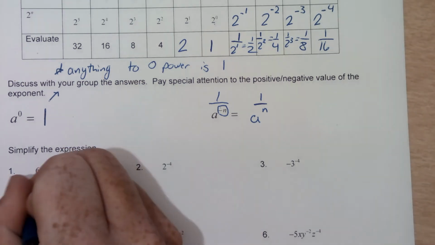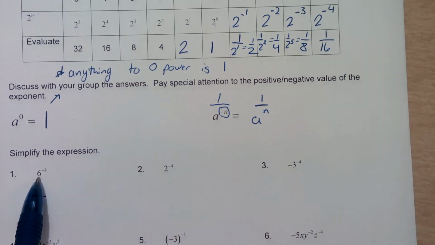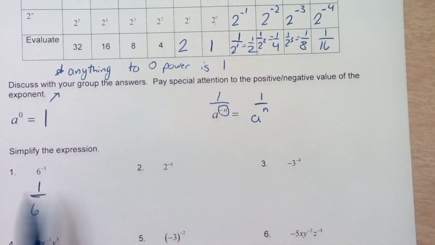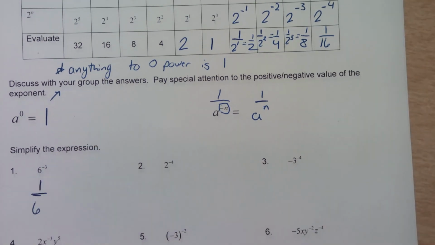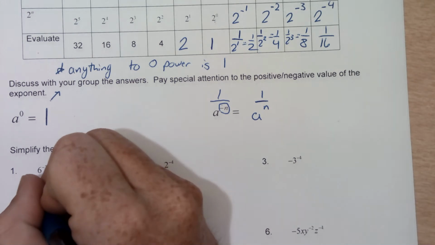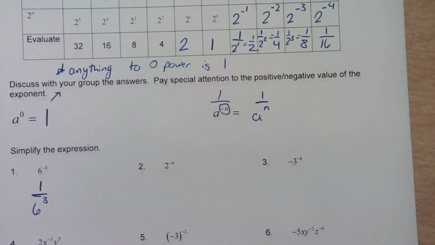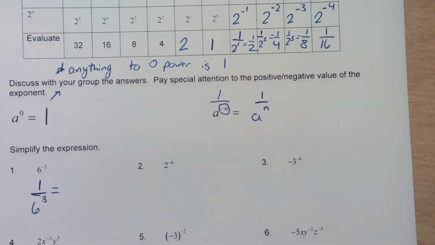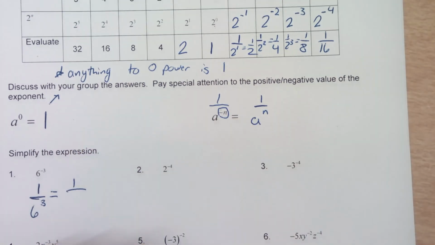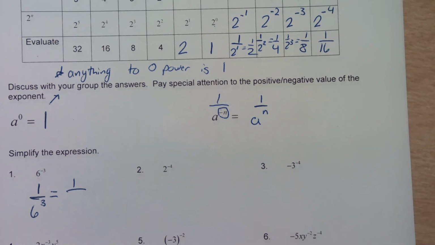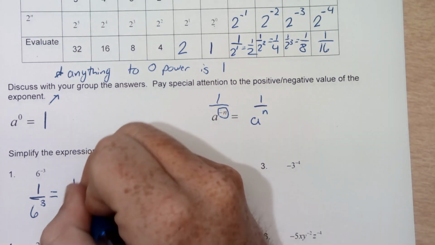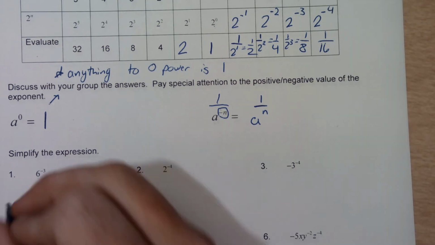Then on bottom, I put my number with my variable, but I change it to positive. Since we flipped it to the bottom, we can change it to positive. So now I have 1 over 6 to the third, which we would want to reduce using Desmos. And we would see that this is 1 over 216, okay? 1 over 216 would be the first answer there.